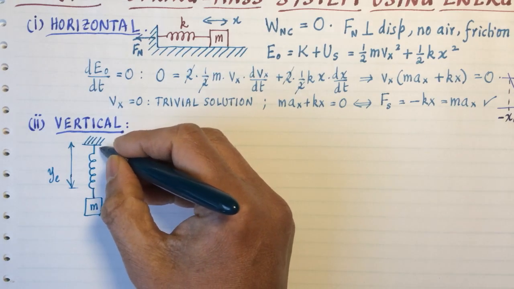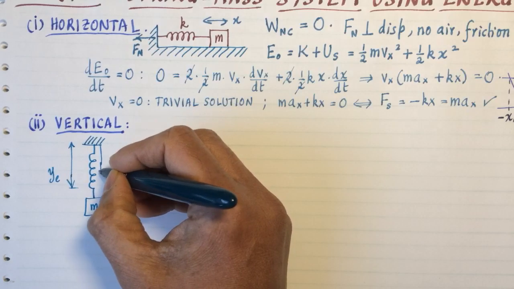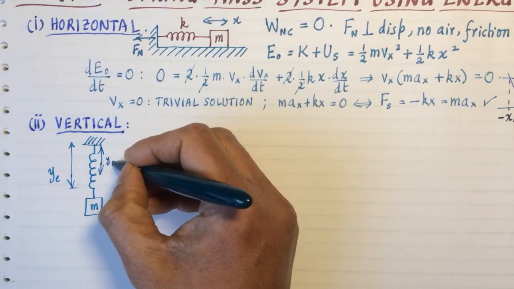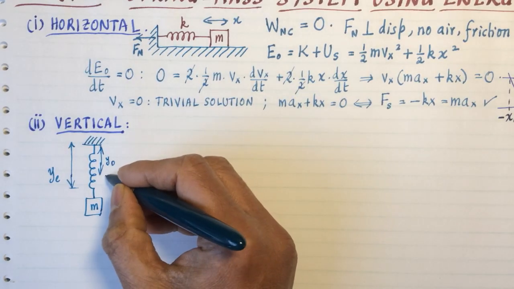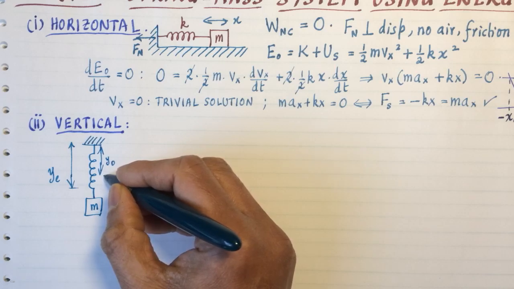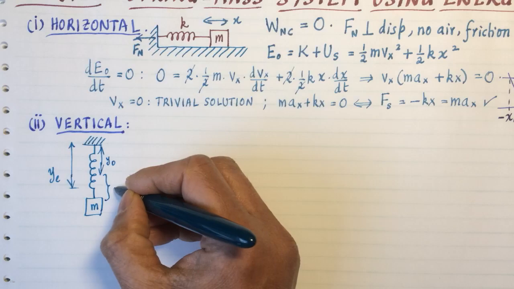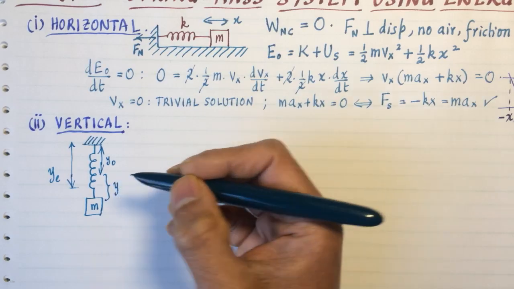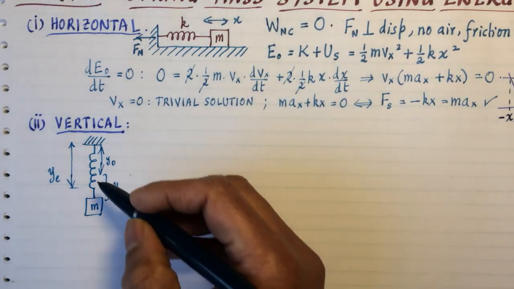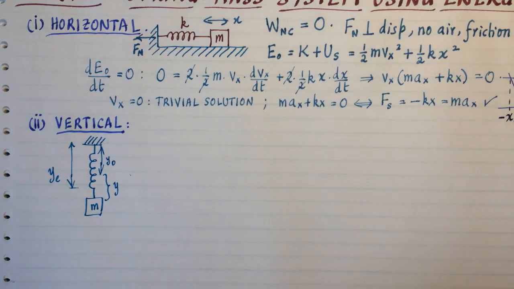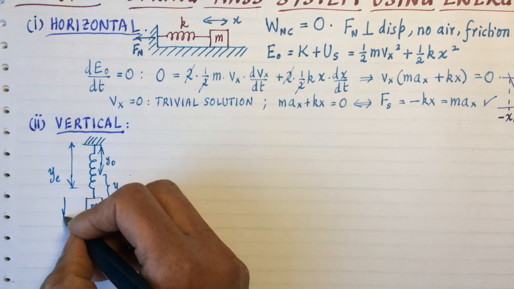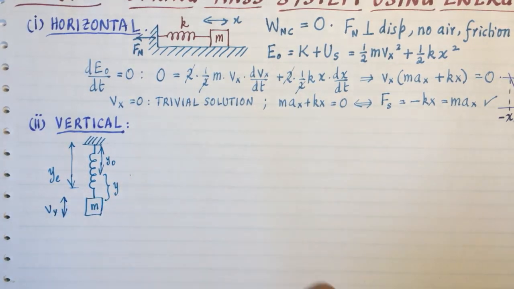So this unstretched length, which I'll call y naught, and the amount of stretch from y naught will be called the total stretch of the spring, because the total stretch of the spring is from the unstretched length. So that is y, the variable y, and then the spring goes up and down with some speed v_y.